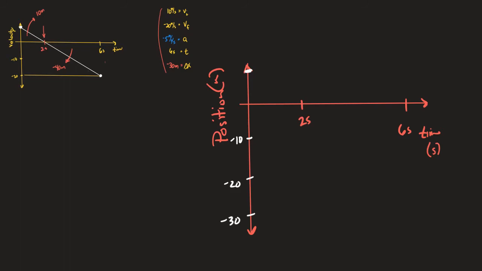If the object starts at the origin, after 2 seconds, it is 10 meters away from the origin. And after 6 seconds, it's 30 meters away from the origin.